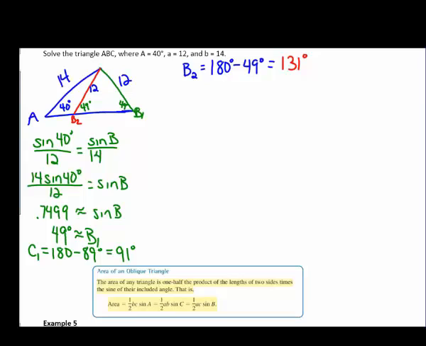And then we can use law of sines to find side c. So we have c over the sine of 91 degrees equals, and we use what's given to us, 12 over the sine of 40 degrees. So c equals 12 times the sine of 91 degrees over the sine of 40 degrees. And so we end up with about 19.